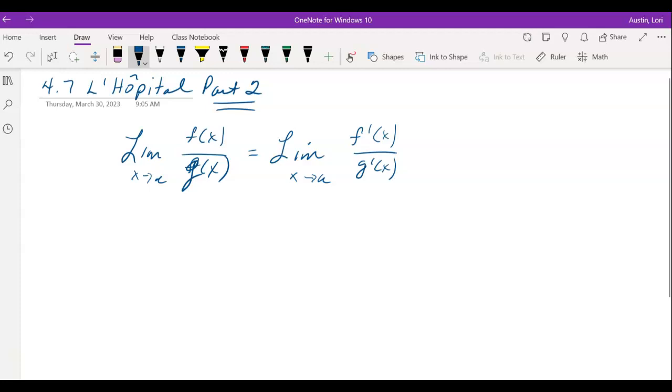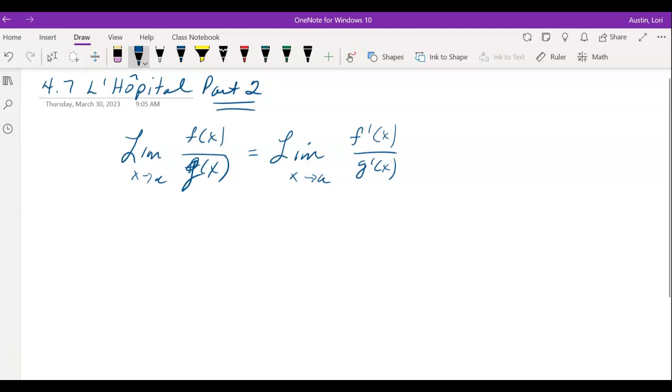And it's useful when your original limit made it 0 over 0 or infinity over infinity. You can use L'Hopital's rule, which says that's going to be the same thing as if you took the limit of the derivatives of each of those functions separately. That is the standard for L'Hopital's rule.